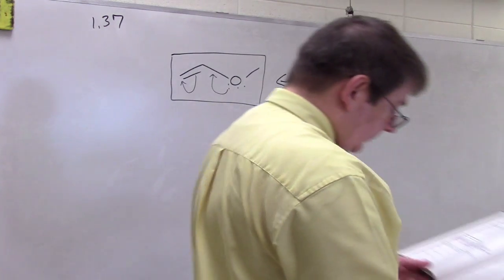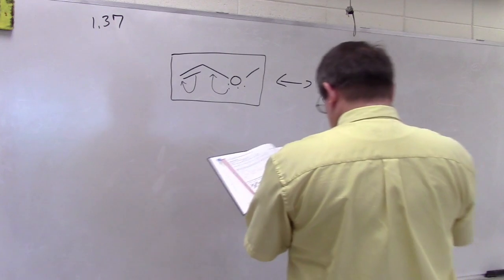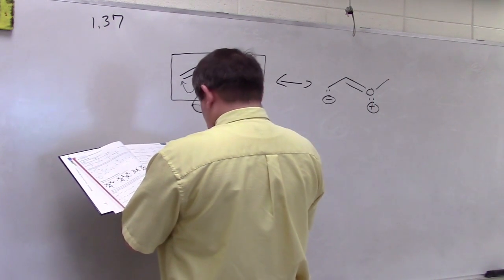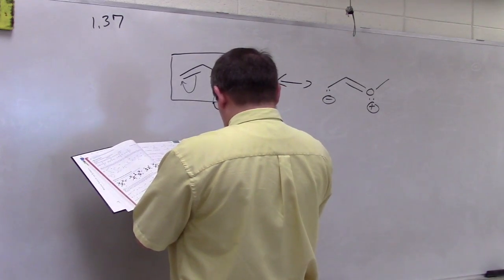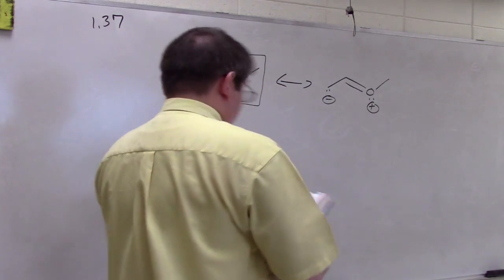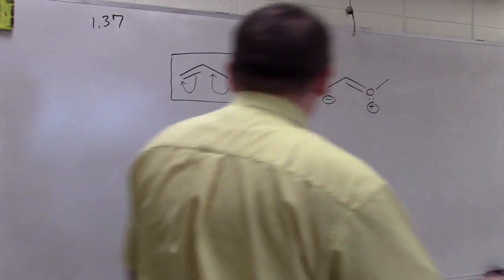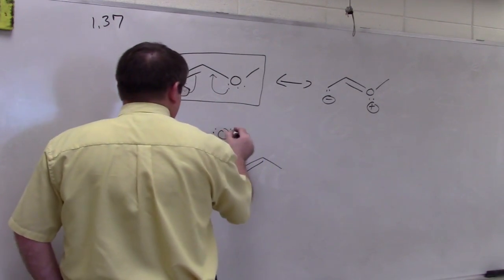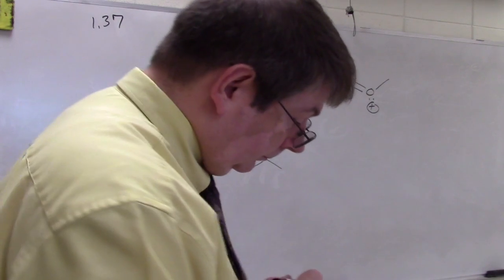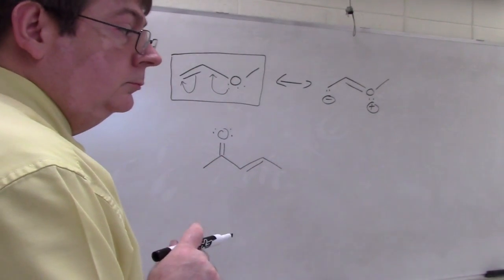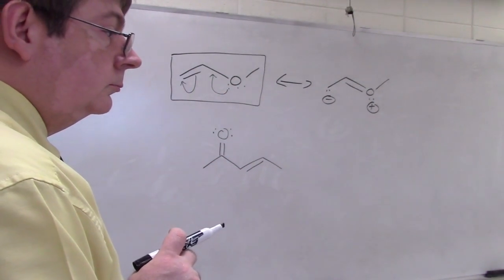Let's look at B. How can I make a resonance structure? Could you move the double bond to oxygen?